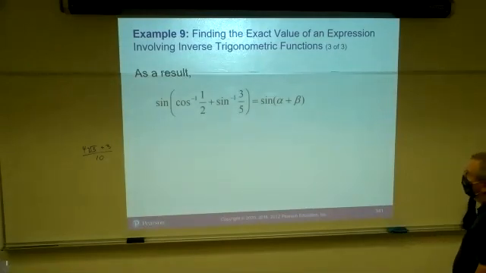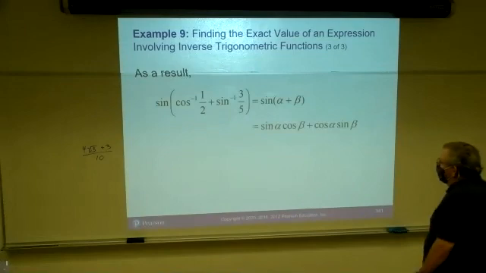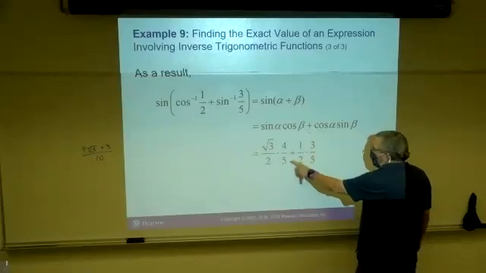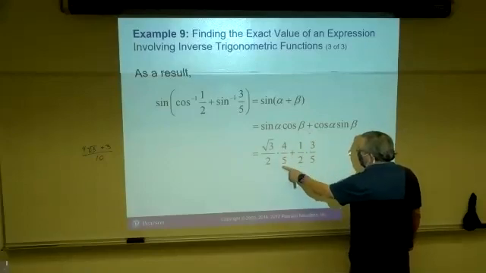As a result, sine of alpha plus beta. Well, I didn't worry about that. And so getting this, we know what sine of alpha is, and we know what cosine of beta is.